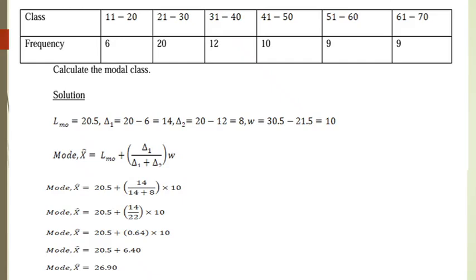From here we can see the frequency that occurs most is for the class 21 to 30. Then we add the boundaries and divide by 2. When we go through the calculation, I think it is very easy to understand. So that's how we get our value for the mode.